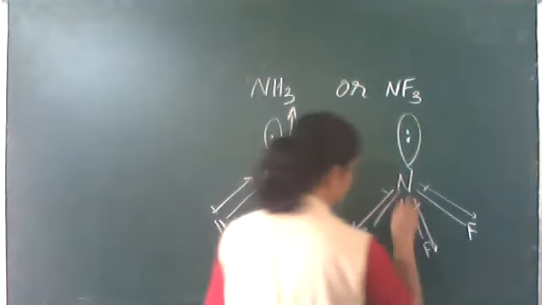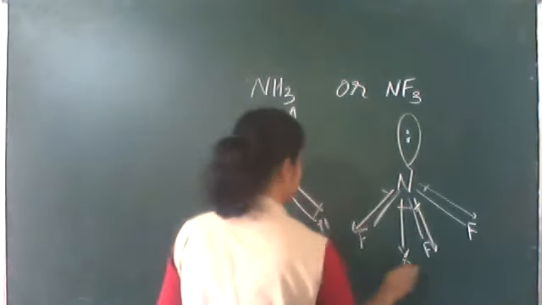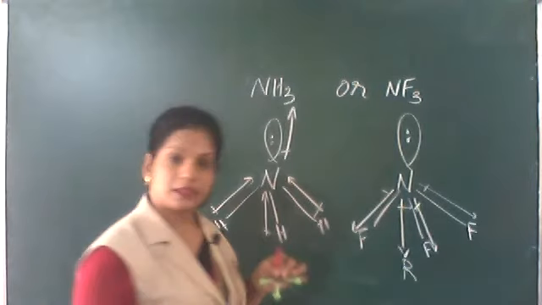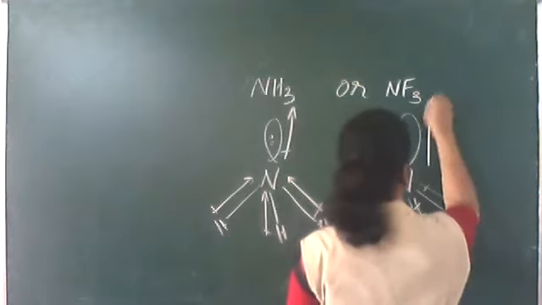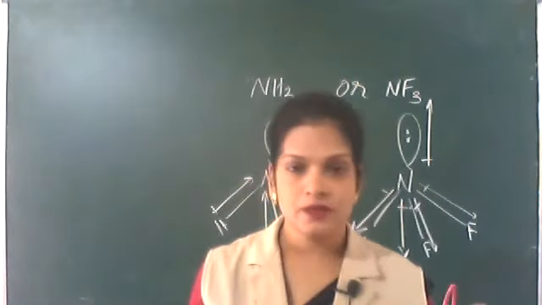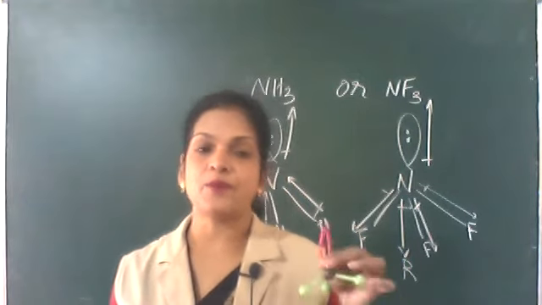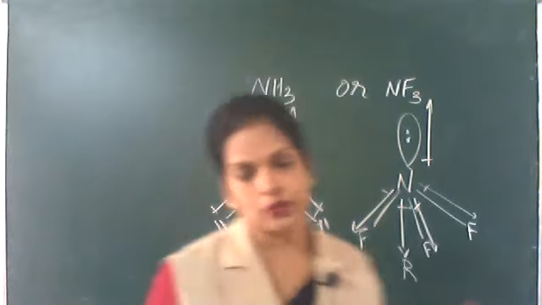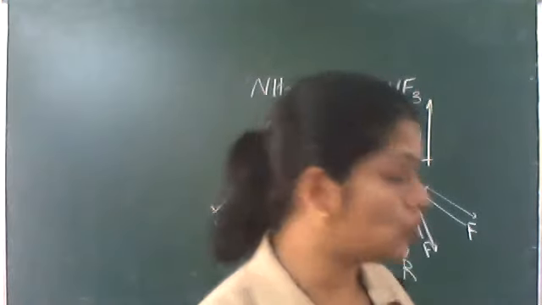I'm showing the resultant. The resultant is downwards, but the orbital dipole is upwards. So there comes cancellation. So NF3 has a lesser dipole moment than NH3. You have already written NH3 has more dipole moment.